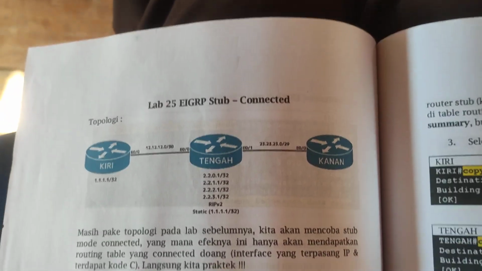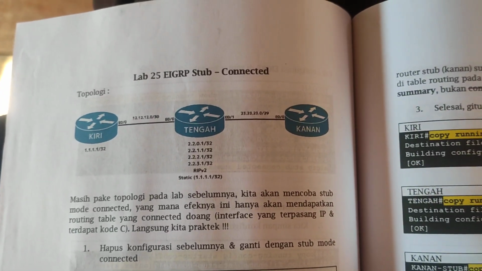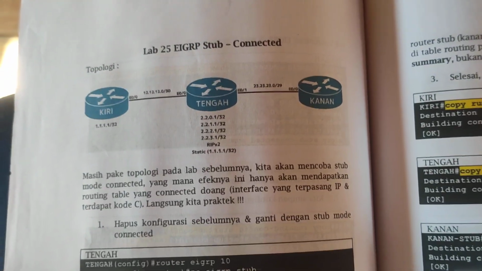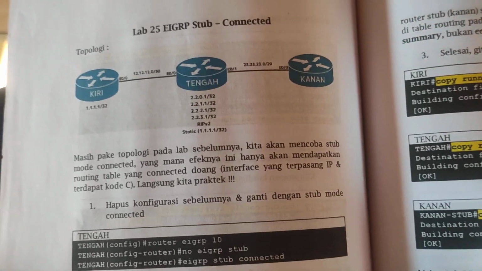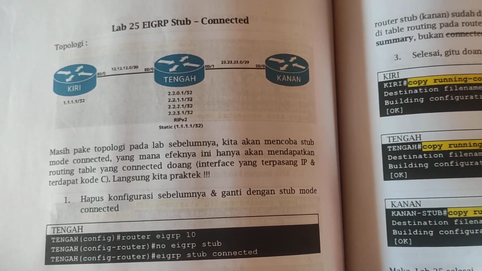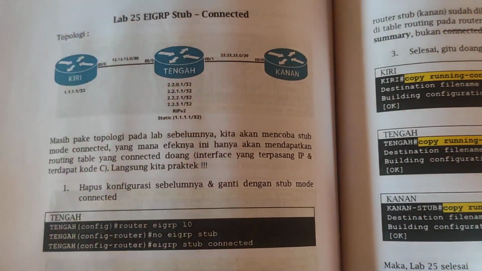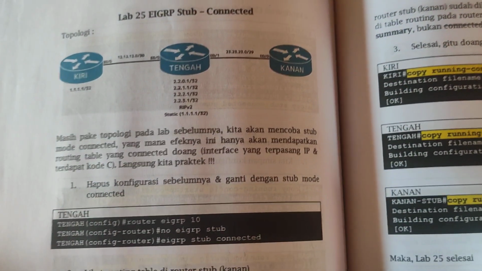Okay, so today I want to talk to you about some more material about EIGRP stub connected. So what is EIGRP stub connected? In EIGRP, a stub router is usually a branch router, like a small office.